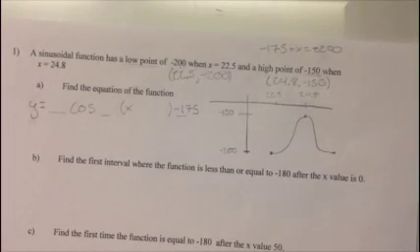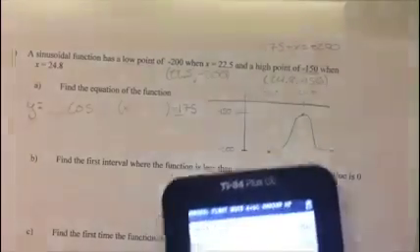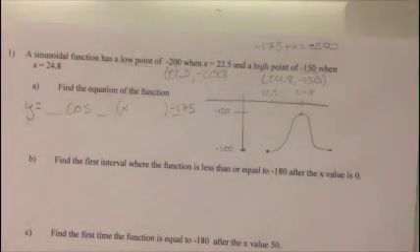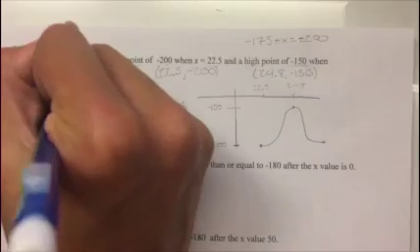To figure that out, all we have to do is add 175 to negative 200. So negative 200 plus 175 gives us negative 25. So that will give us our multiplier, negative 25.